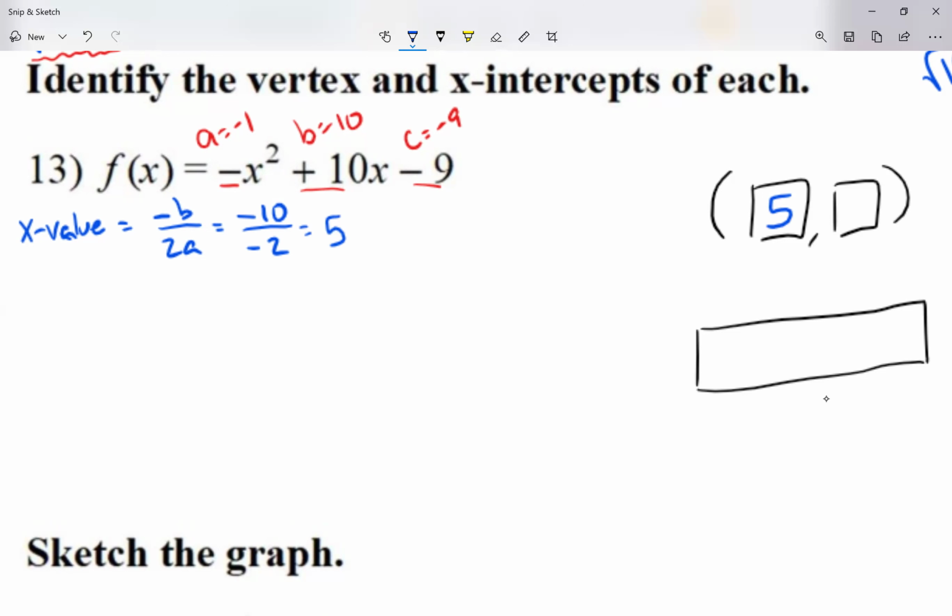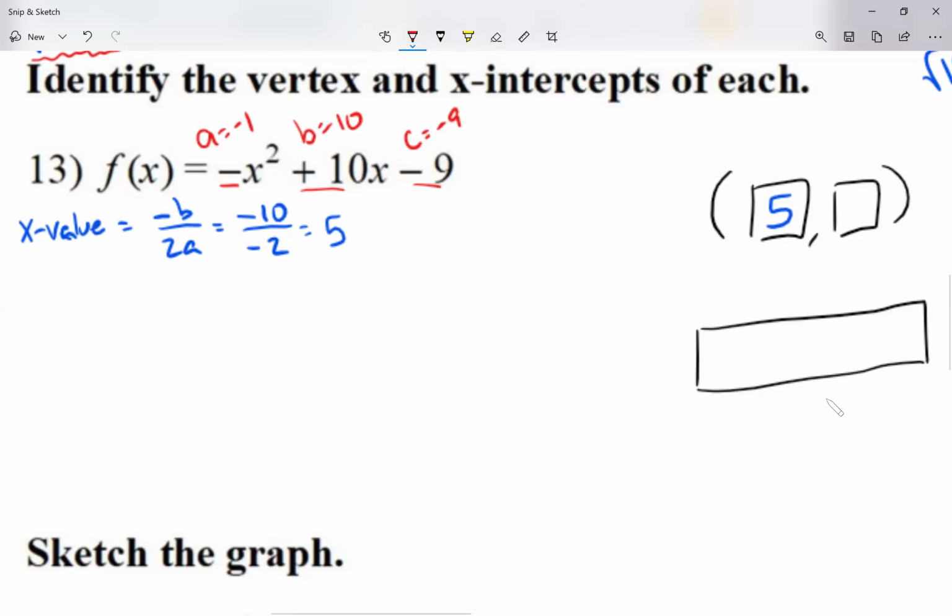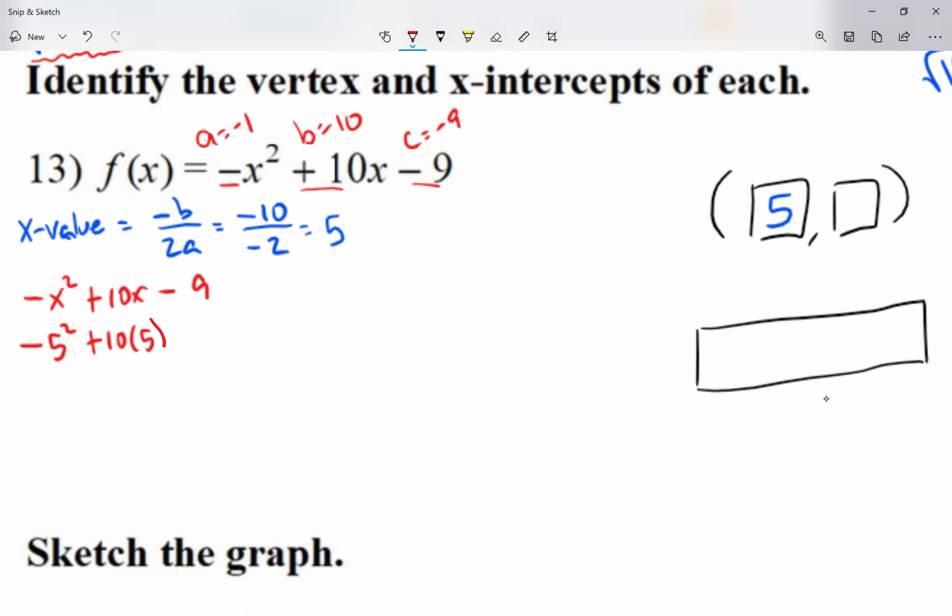Now, the way I'm going to find the y value, let me change this to red so we can see. Since our equation here is -x² plus 10x minus 9, I'm just going to replace x with 5. So I have -5² plus 10 times 5 minus 9.